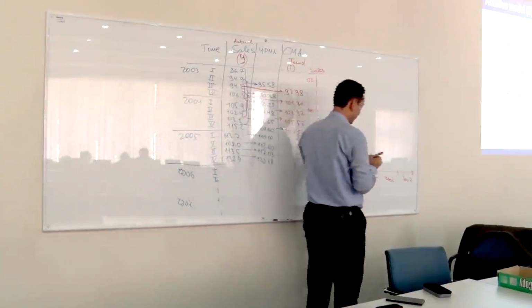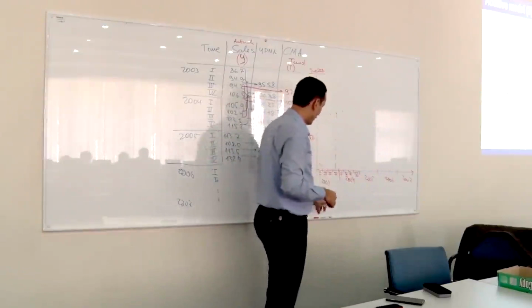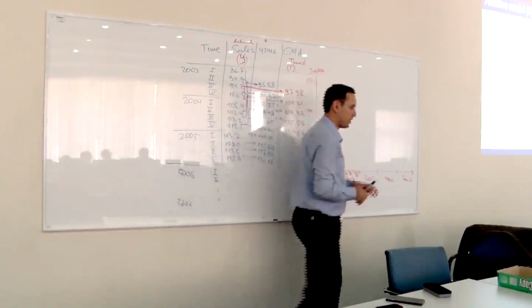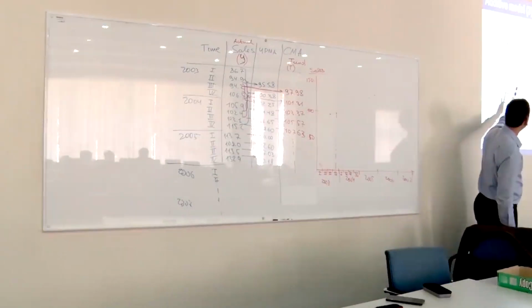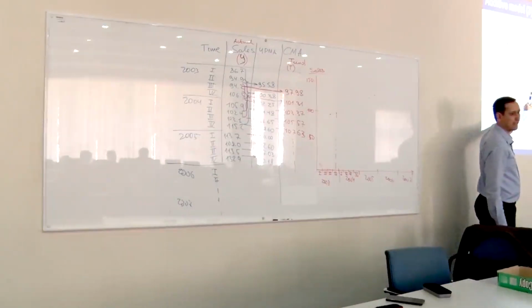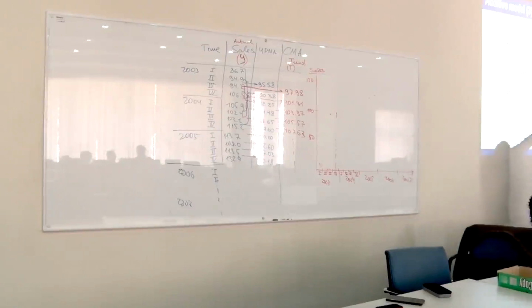So what you do is, once you plot this point, your last point will stop here. You see the black line? So where does it stop? It stops right in here. 2007, quarter 1.